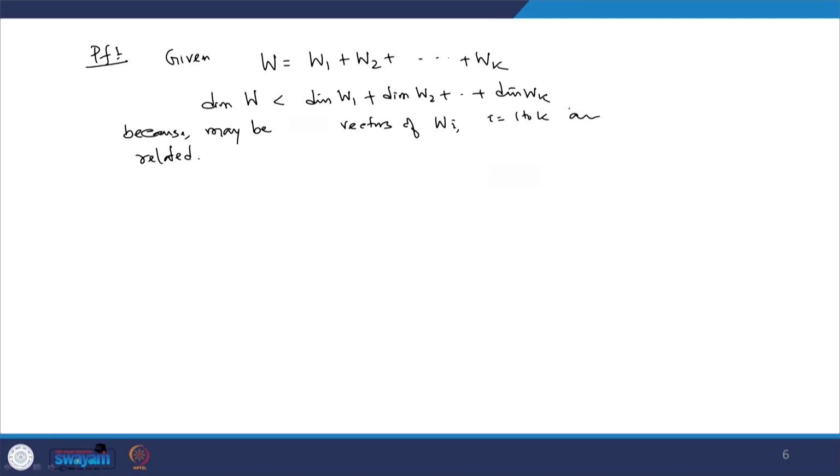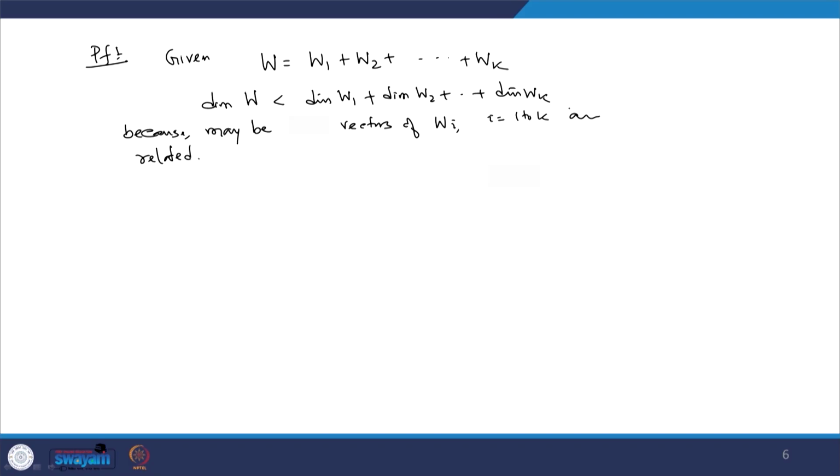I mean to say they are linearly dependent, they are interrelated. Since W is the sum of W1 through Wk, certainly the dimension of W is expected to be less than or equal to the sum of dimension of W1, dimension of W2, ..., dimension of Wk, on the hypothesis that eigenvectors of Wi may be related to the vectors of Wj.